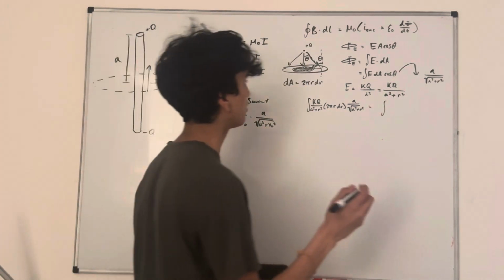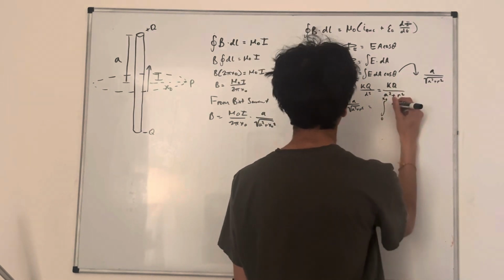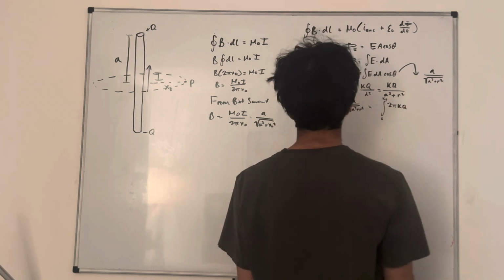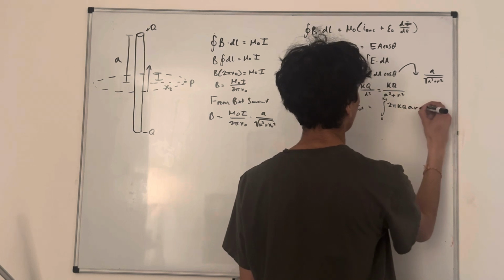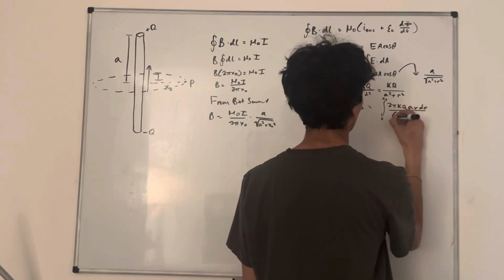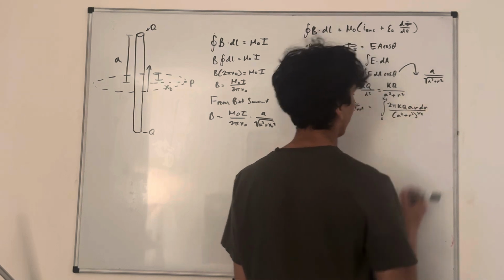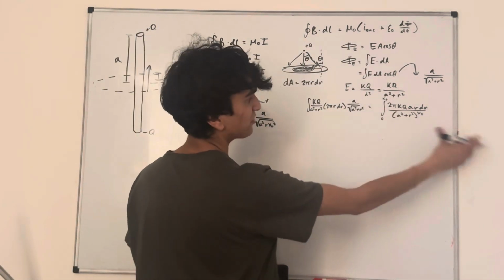I'm integrating from 0 to x initial. So I get 2 pi kq times a times r dr over a squared plus r squared to the 3 halves.